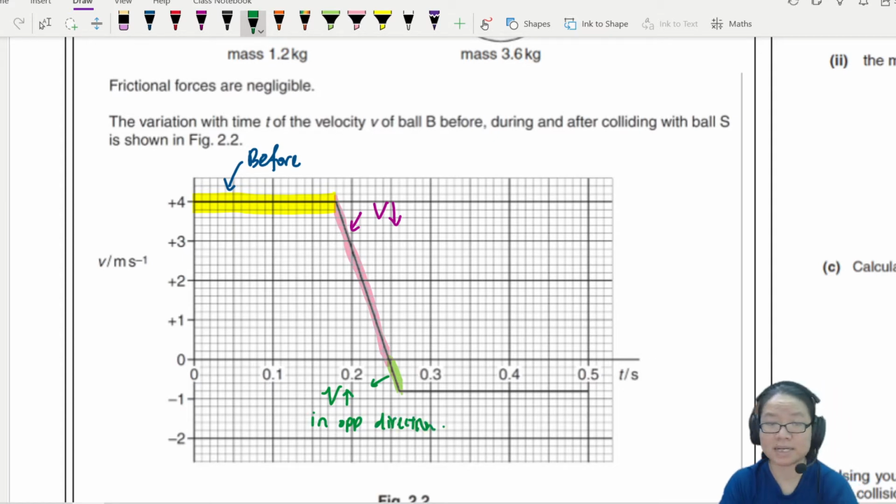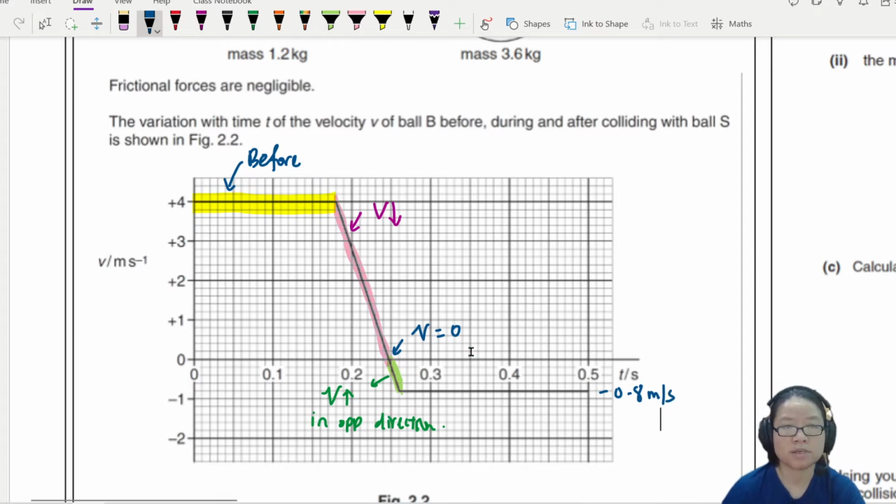So it becomes a bigger and bigger negative number. And of course, at this part your velocity is 0. Finally, it will rebound, and this is four small boxes, so this is negative 0.8 meters per second.